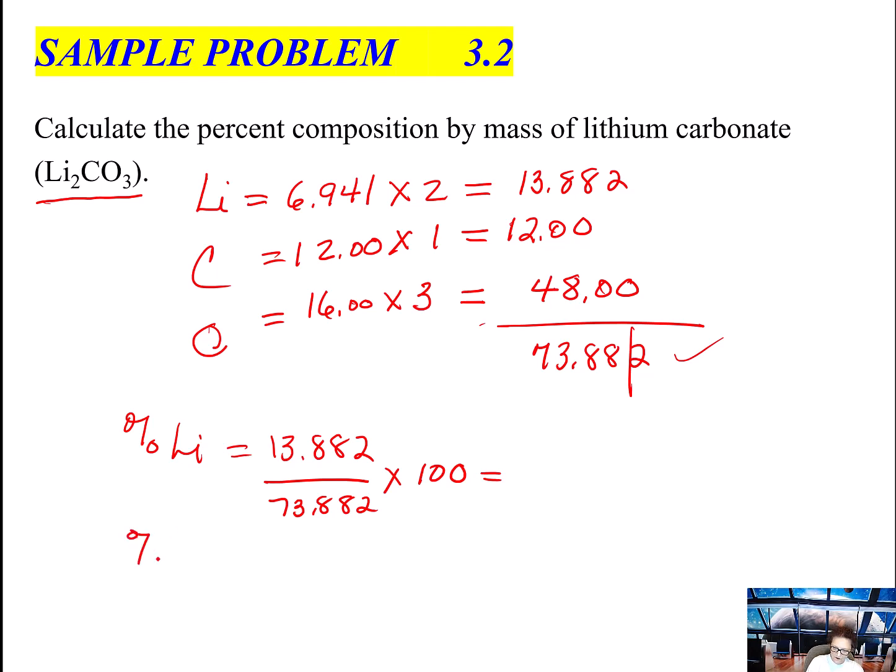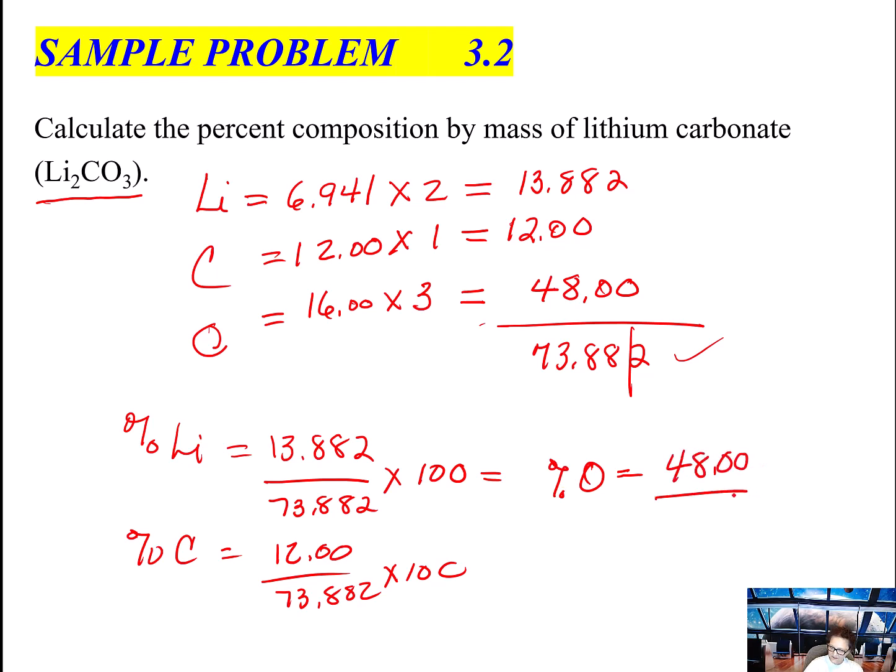The percent carbon is going to be 12 divided by 73.882 times 100. And look, I had all that space and I still can't fit it all like I want to. And oxygen is a percent, is going to be 48 divided by 73.882.